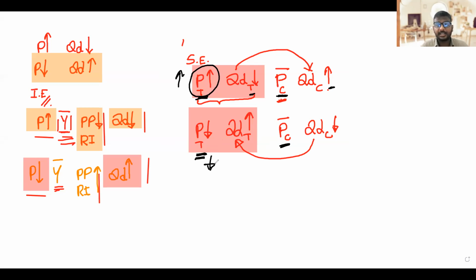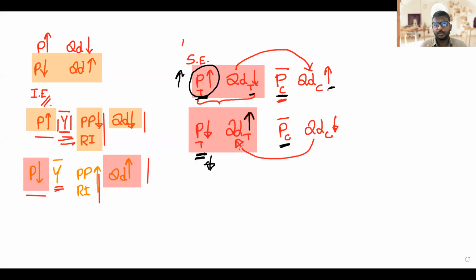As a result, it would become cheaper, right? It will become cheaper. As a result, people will buy more of this product. Again, you see the negative relationship. That's how the substitution effect describes the demand law.